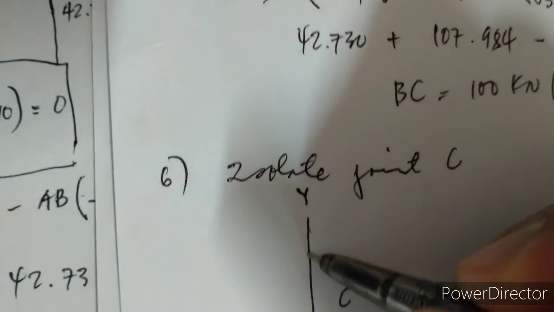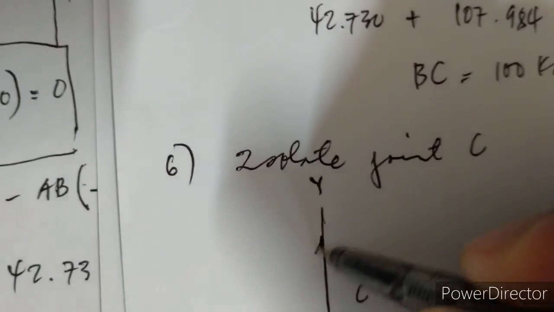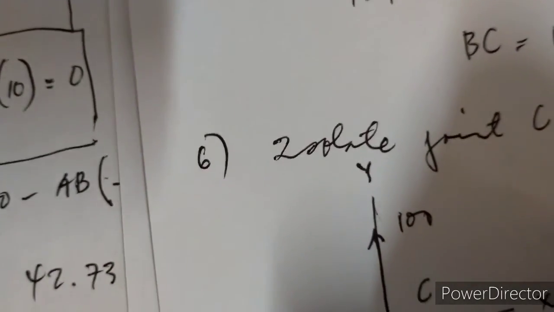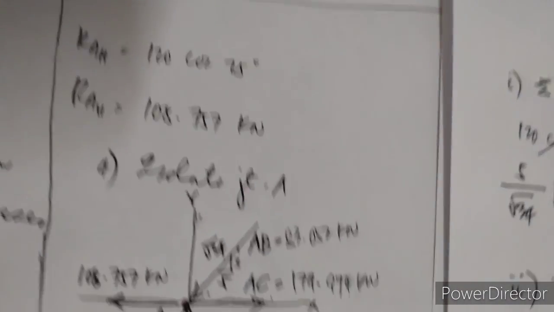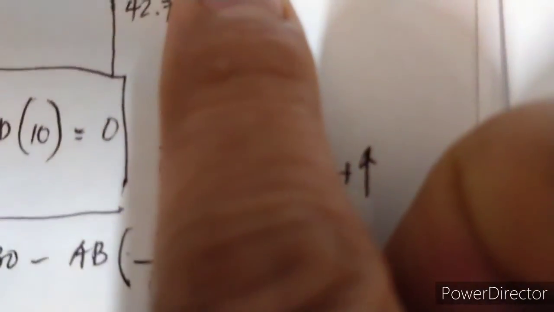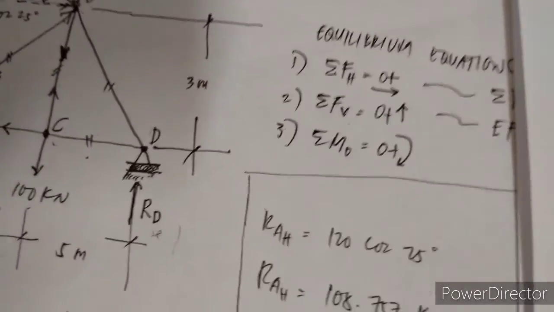So we have BC, the same, it's going away. This is BC, which has a value of 100 kilonewtons. And we have also AC. AC is in tension, so we reflect it in here.